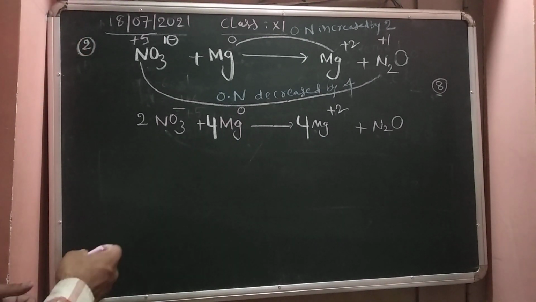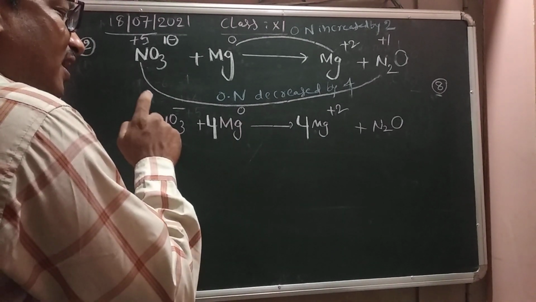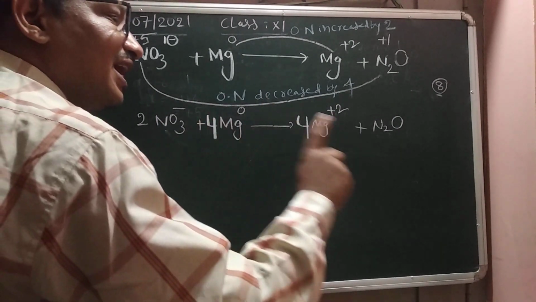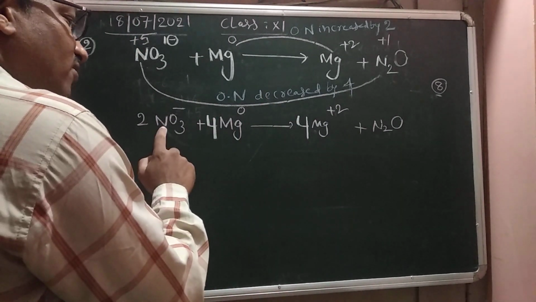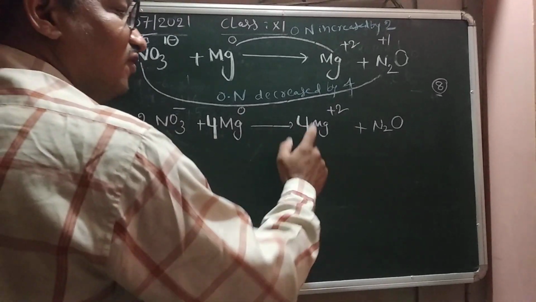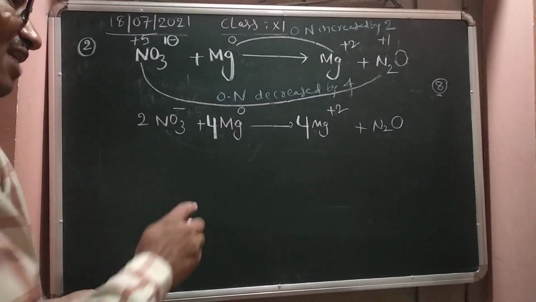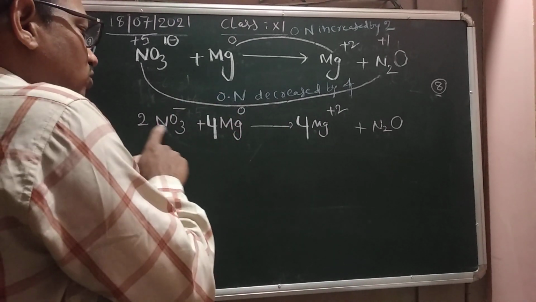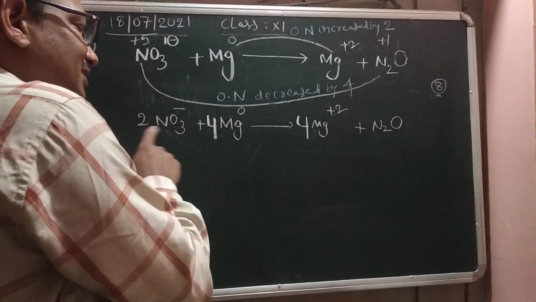Now next step, other than hydrogen and oxygen atoms, the remaining atoms should be balanced. 2 nitrogens, N2, balanced. 4 Mg balanced, right? And what about oxygen atoms? Now I have to balance the oxygen atoms. 2 3s are 6 oxygens.